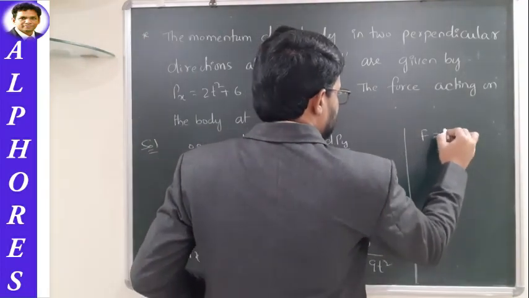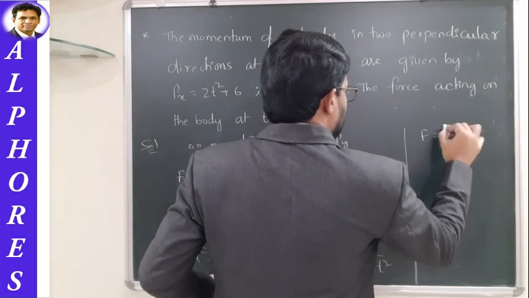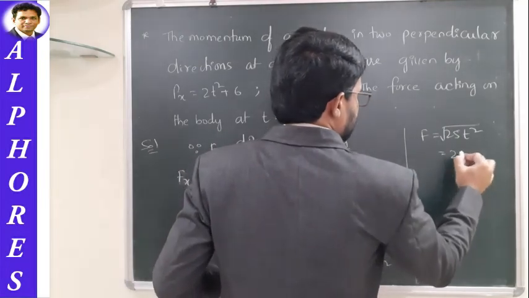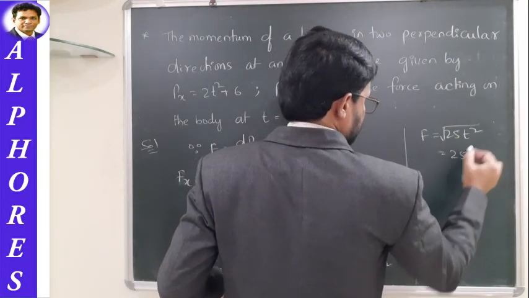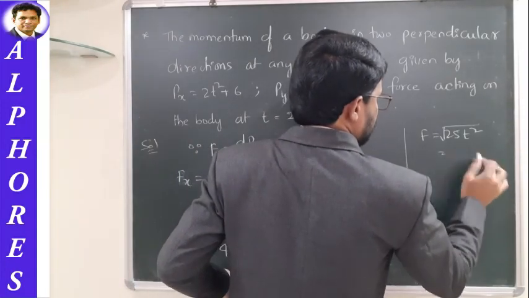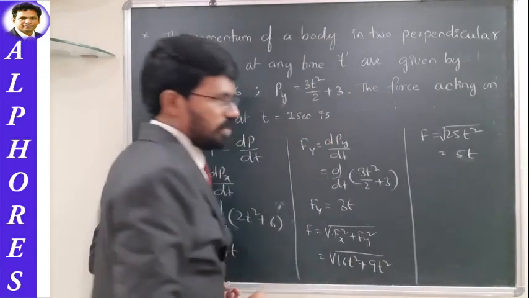So F is equal to under root 25t square, and you can write this as 5t.